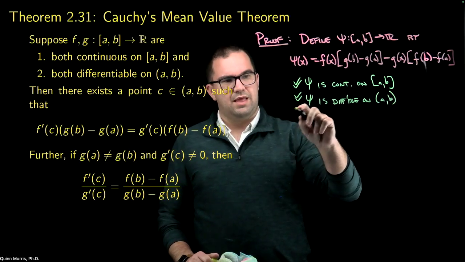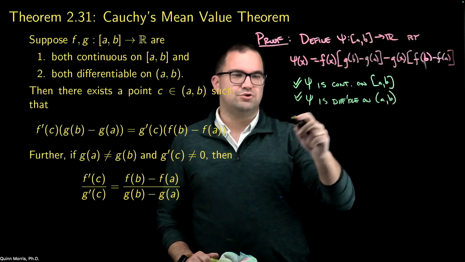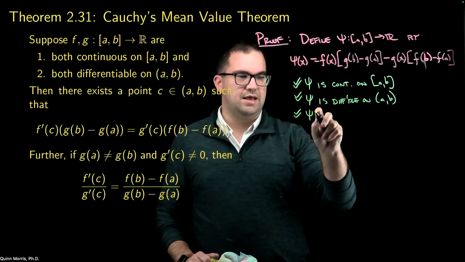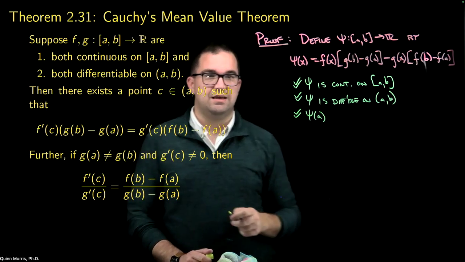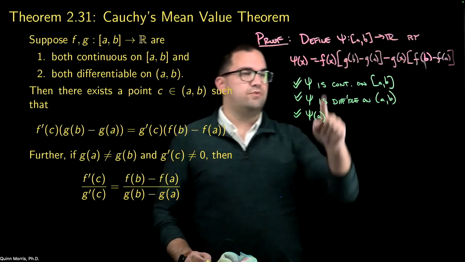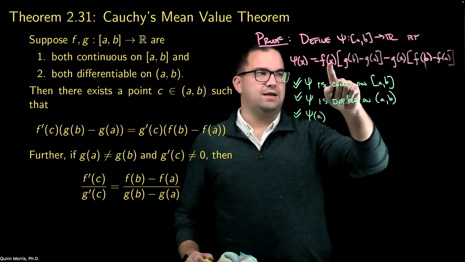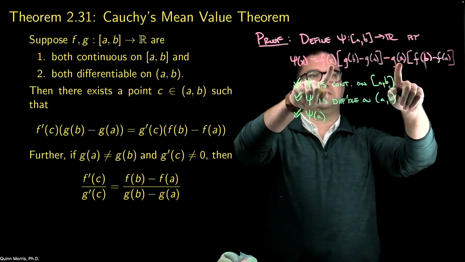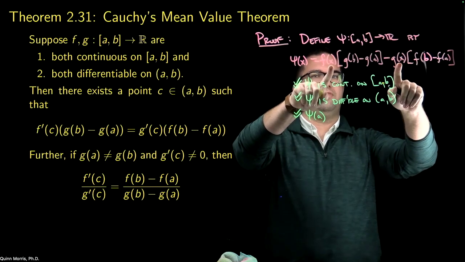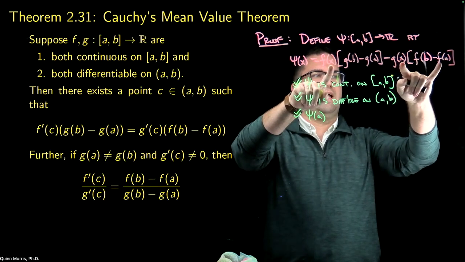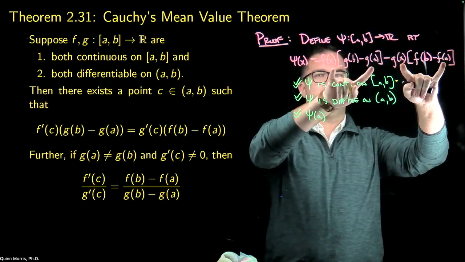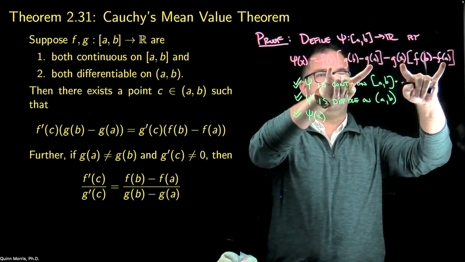And the last thing that is not super tricky to check, but that we need to check, is that psi of a is equal to psi of b. So we plug a in here for x, right? Then the first thing to notice is that we will end up with a g of a, f of a, and that'll be positive. Here we'll end up with a negative g of a, f of a.